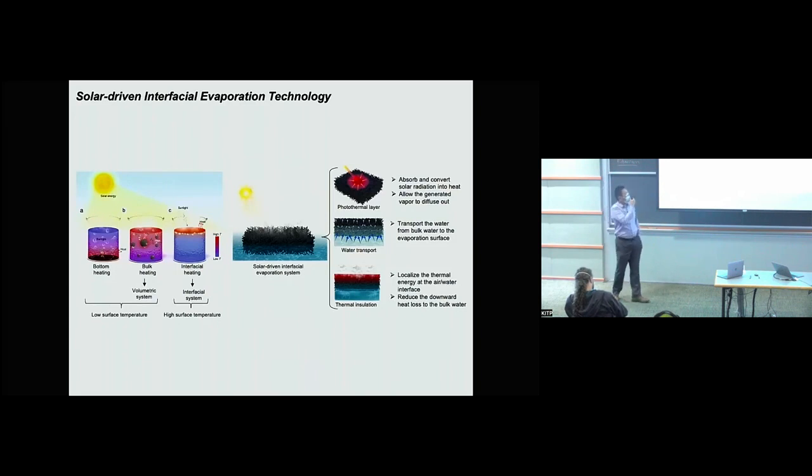For such a material, at the top surface, this material should have really high light absorptivity. Usually it's a black material, like a black body, that has a high solar absorptivity, and the easy way to turn it black is to carbonize it.